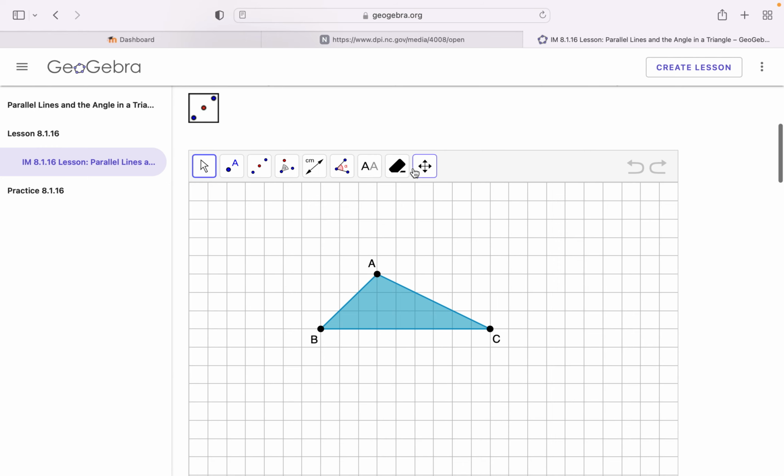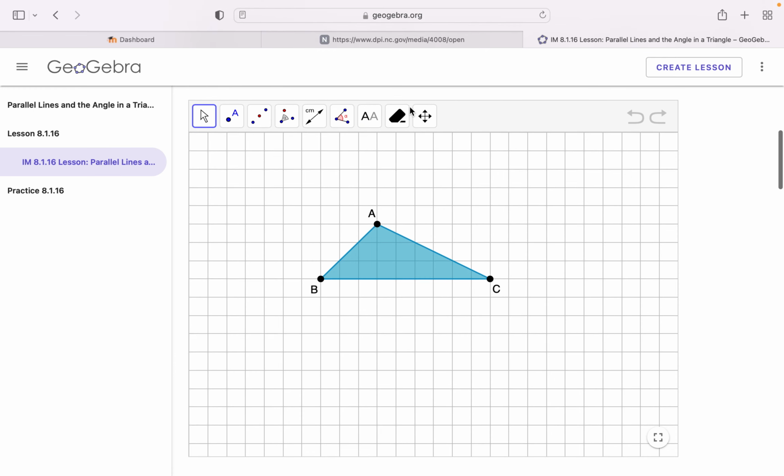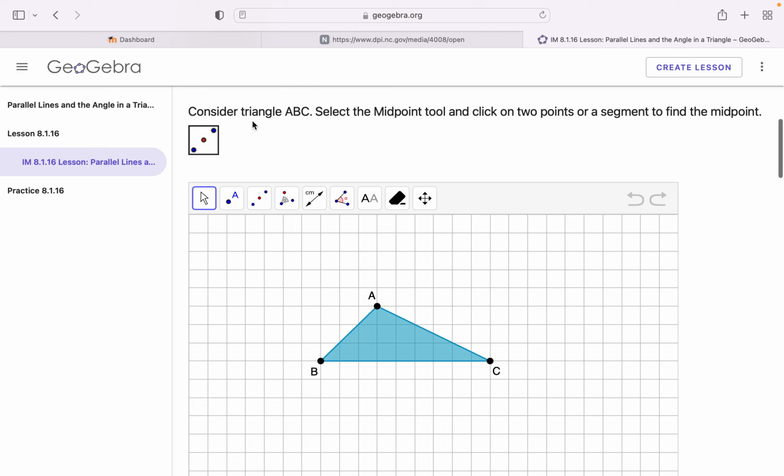So as we can see here, GeoGebra has given us a little snippet of what they normally use, which is a grid and these manipulations for a triangle. So what we're going to look into is this question right here that teachers are going to pick out for their students, just to give the basic instruction. We see that triangle ABC here.